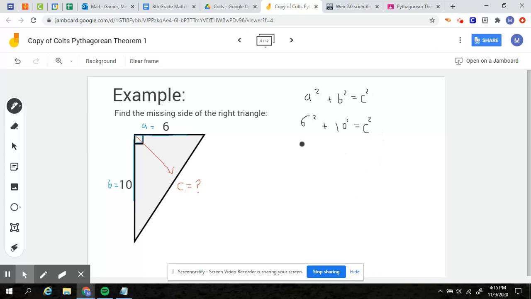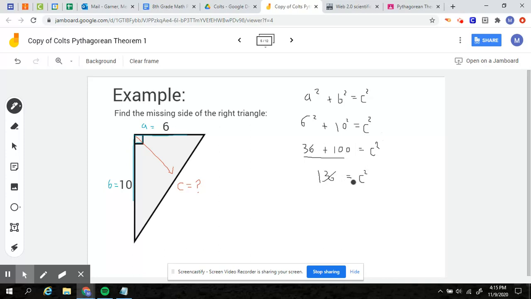So 6 squared equals 36. 10 squared equals 100. And that's still going to equal c squared on your right-hand side. I'm going to add these two numbers together, so 36 plus 100 is 136, which equals c squared.